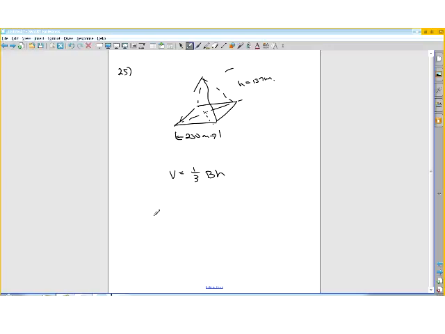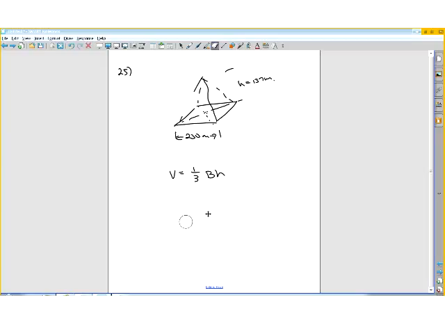And there's a reason for that, but we won't go into it. 1/3 the base, 230 times its height, 137 meters. Actually, that's not the volume, because that would be a surface area. So it's actually the area of the base. Be careful there. Okay. So what's the area of the base?